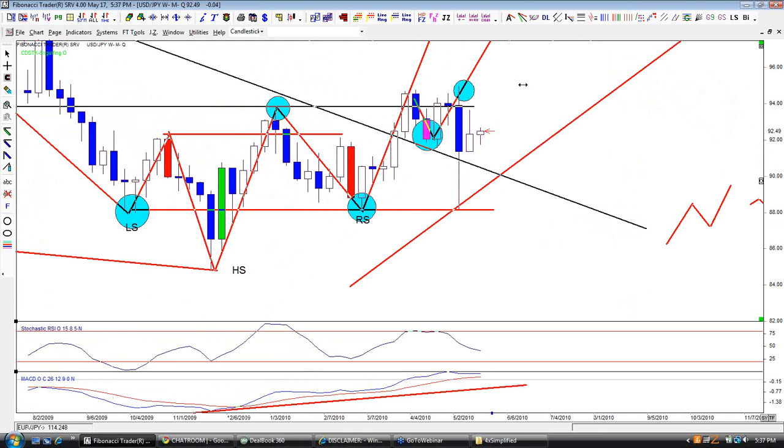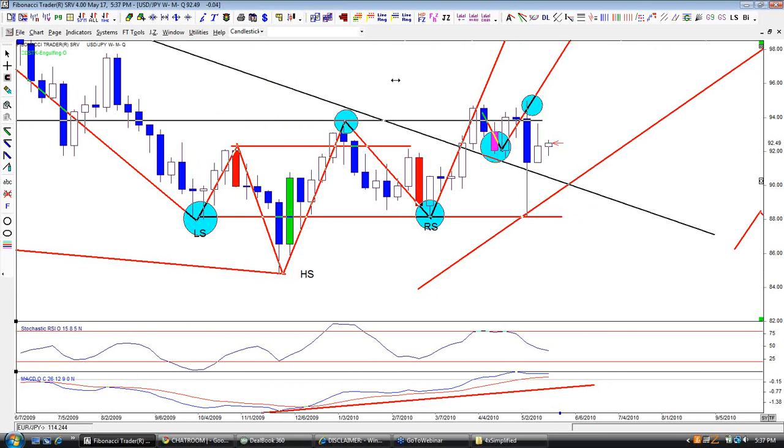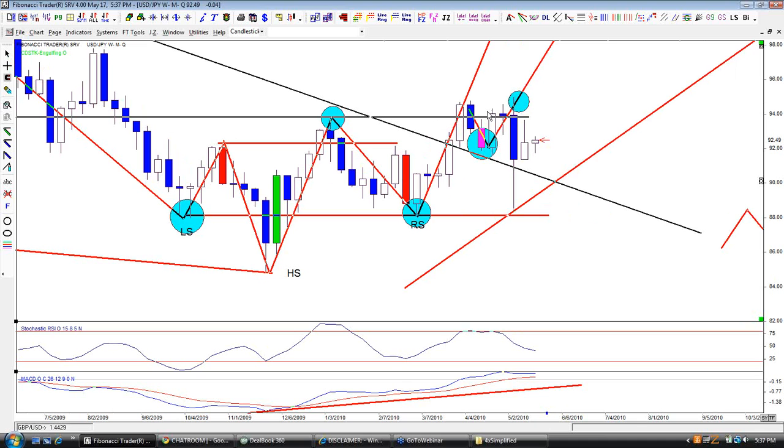Now we can see that price has found a very, very strong resistance level here. All those candles, those are weekly candles, are stopping at this level. Price can't move above 95. We can see price broke the trend line, came back to retest the trend line, and tried to move above the resistance, but it couldn't.